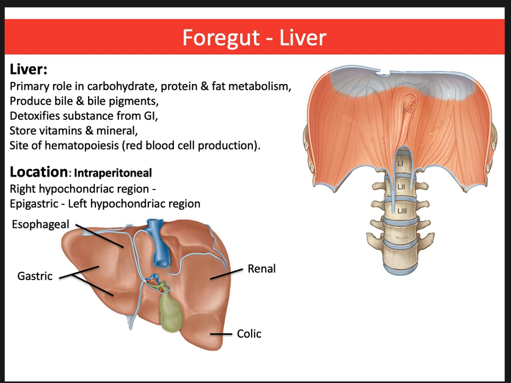You want it to be filtered in order to absorb all the nutrients and store the vitamins, store the minerals, store whatever you need before returning it back to the circulation.